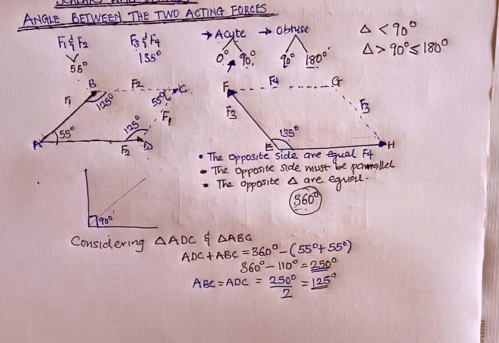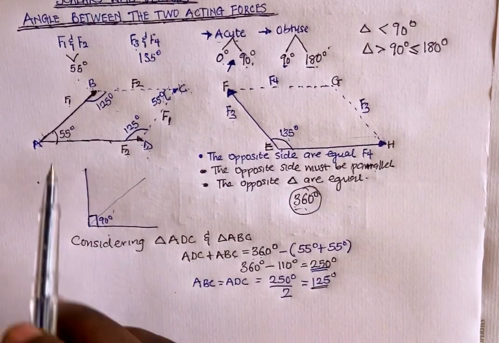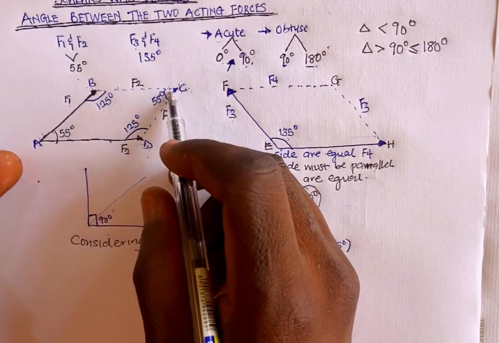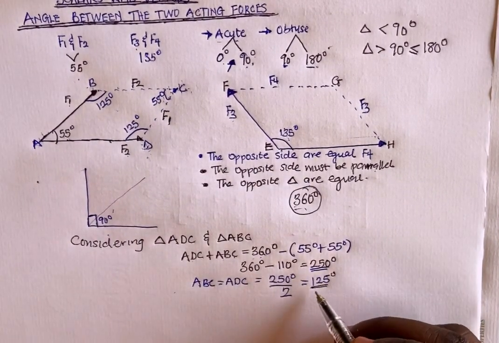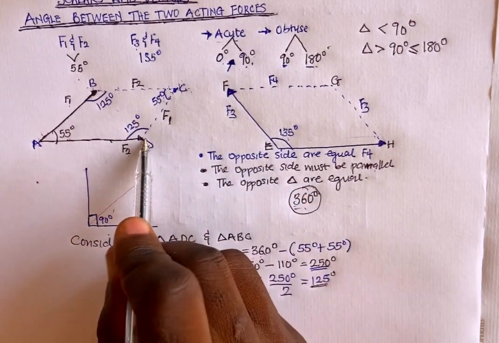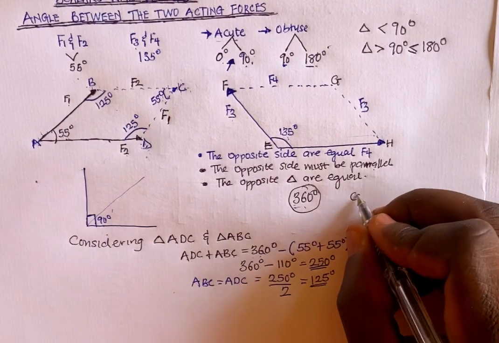Then we are going to have our B and D. This plus this minus 360 will give us B and D. Exactly. So after subtracting this from 360, we divide it by 2, which is 125. Then here is going to be 125, and here is going to be 125.